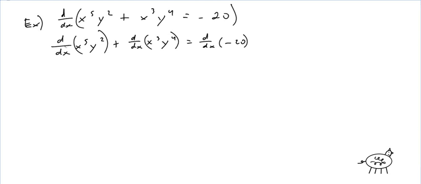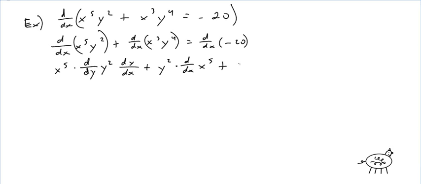So let's start out here. It's the first times the derivative of the second. The derivative of y squared is d by dy times dy dx. So it's the first times the derivative of the second plus the second times the derivative of the first.